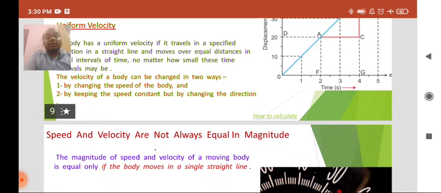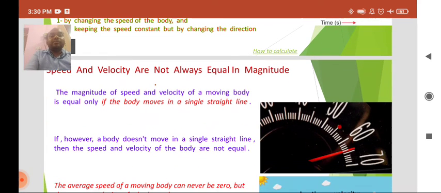We remember important points: speed and velocity are not always equal in magnitude because speed is a scalar quantity and velocity is a vector quantity. The magnitude of speed and velocity of a moving body is equal only if the body moves in a single straight line.